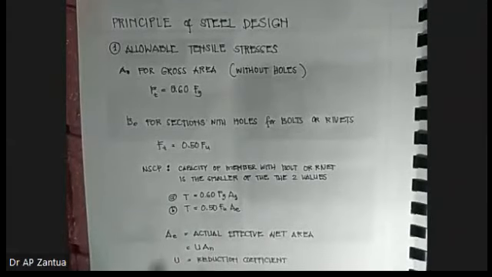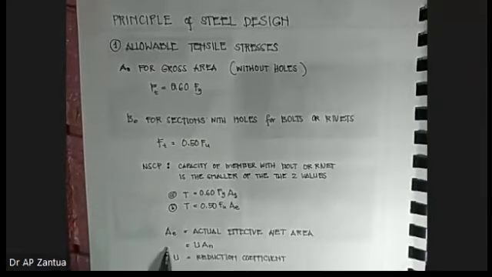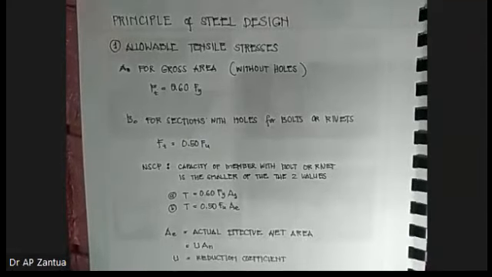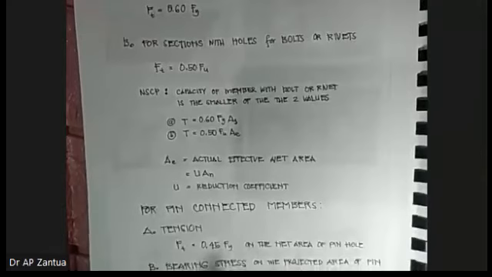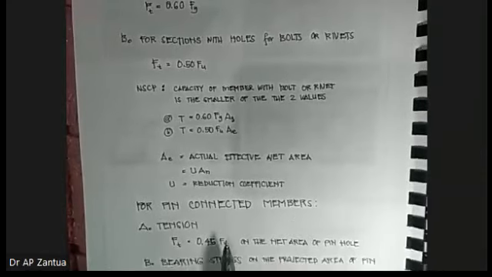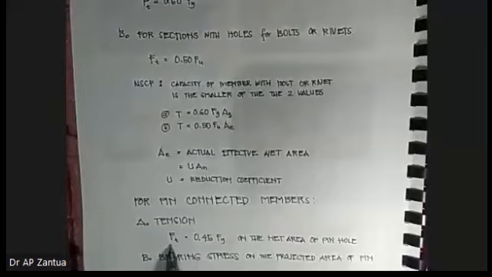So we already discussed actual effective net area, wherein we have a reduction coefficient multiplied by the net area. Then for pin connected members, we have tension.